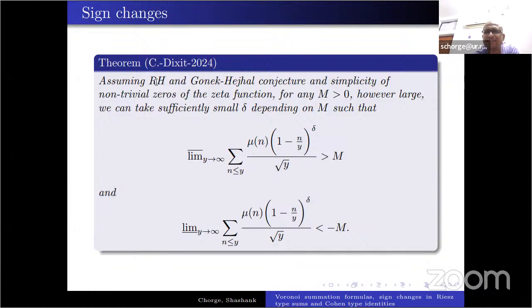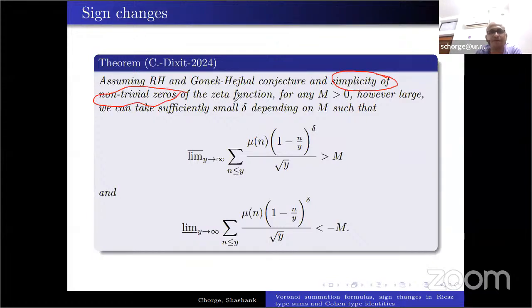Now, the Riemann hypothesis is well accepted, and everyone knows it says that all the non-trivial zeros of the zeta function have real part equal to half. And simplicity of non-trivial zeros is also well known, right? Roots don't repeat themselves.